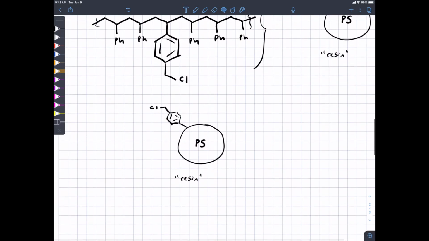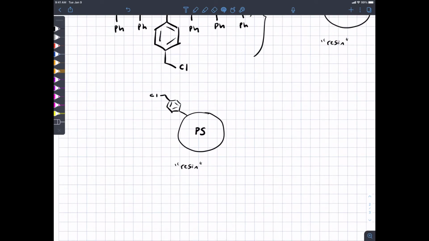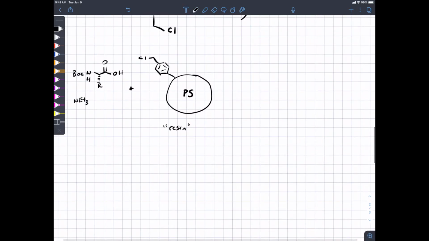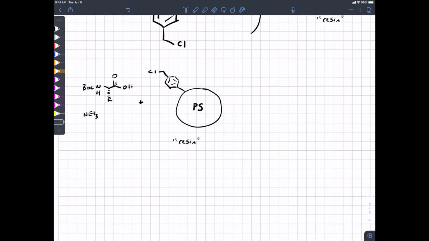because Merrifield's idea was, now, if I add an amino acid and some base, and I'm going to choose a non-nucleophilic base, triethylamine, that will first remove a proton from the carboxylic acid, and then the carboxylate anion can do an SN2 reaction with chloride as the leaving group.